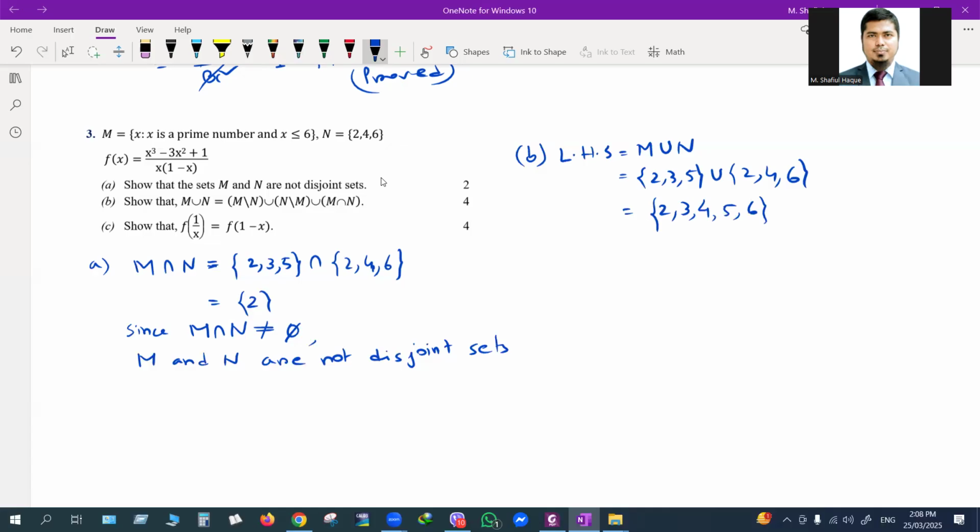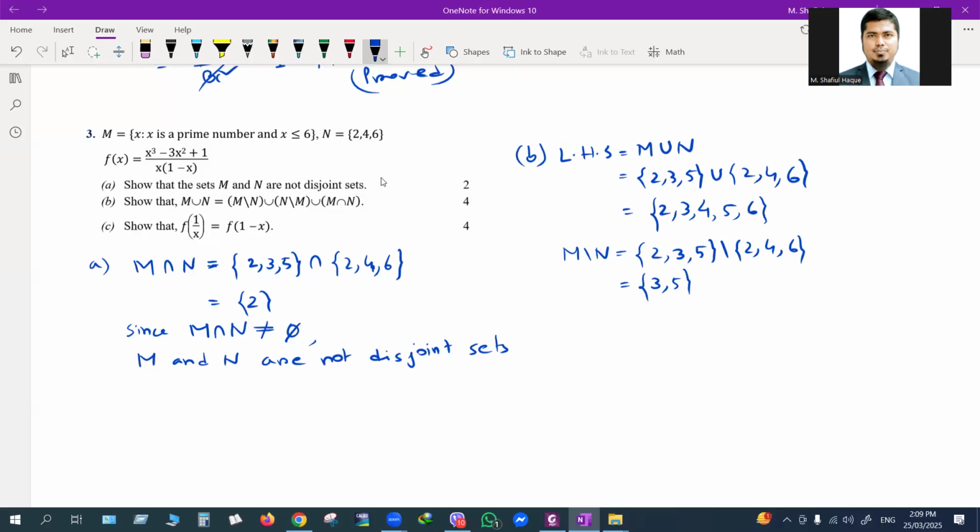This is the left hand side. Right hand side, there are 3 operations. M minus N: 2, 3, 5 minus 2, 4, 6, so 3, 5.